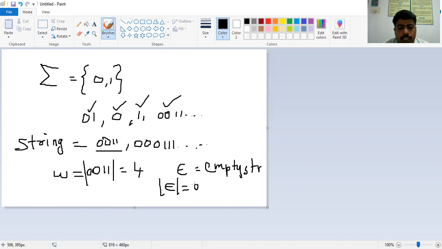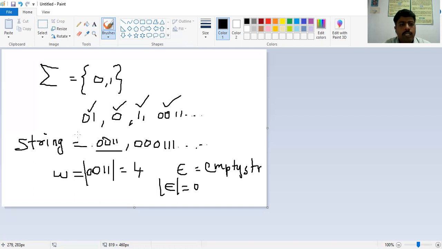In the earlier case, 0011, we count the input symbols, and that is restricted to 4. But here the length of epsilon should be 0. These are the basic things before going to construct any kind of transformations.